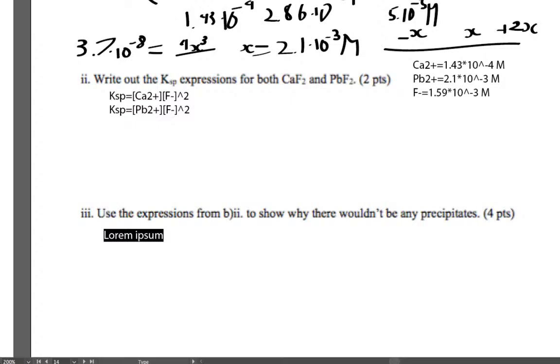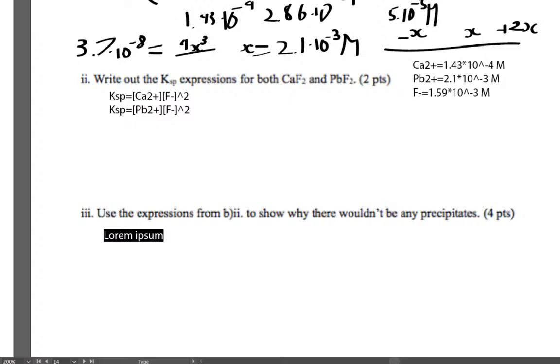But when the KSP is negative, that means it would favor the bottom side, isn't it? Wait, what? I don't understand.